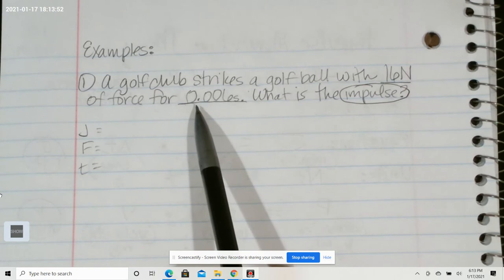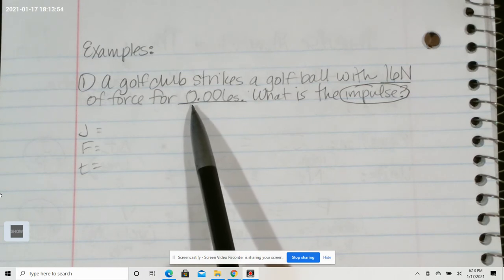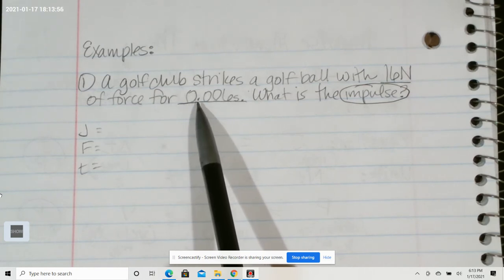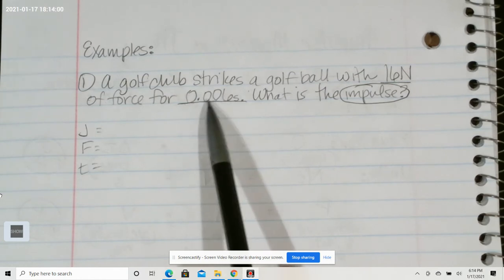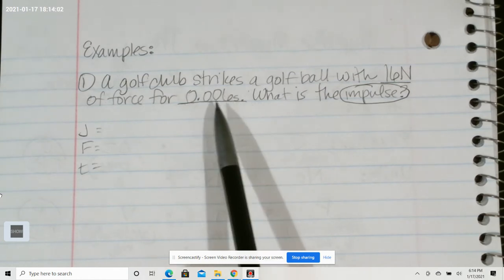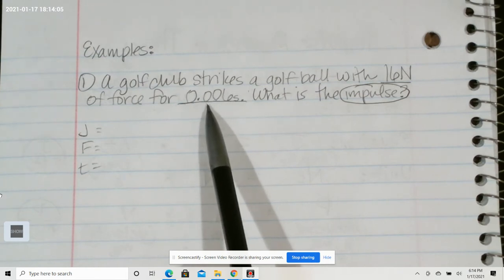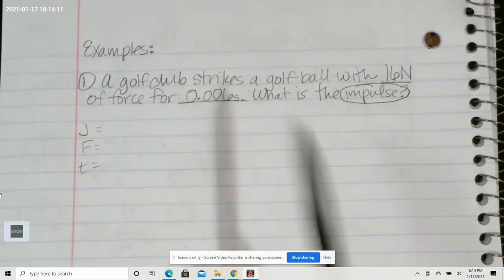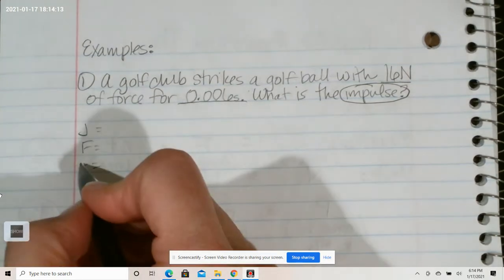Well, yeah, the minute it touched the golf ball was 0. The minute the golf ball was released from the club was 0.006 seconds later. So it was such a small contact time. So think of the scenario too. It's a small contact time. So that's why the number is so small, but it is still a change in time. It's an interval of time.